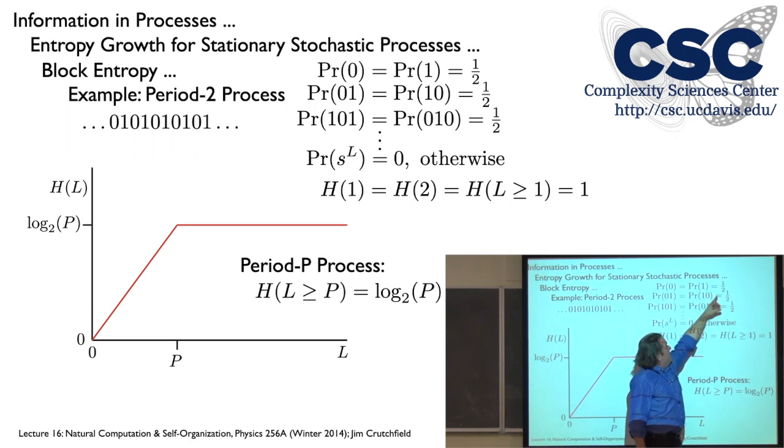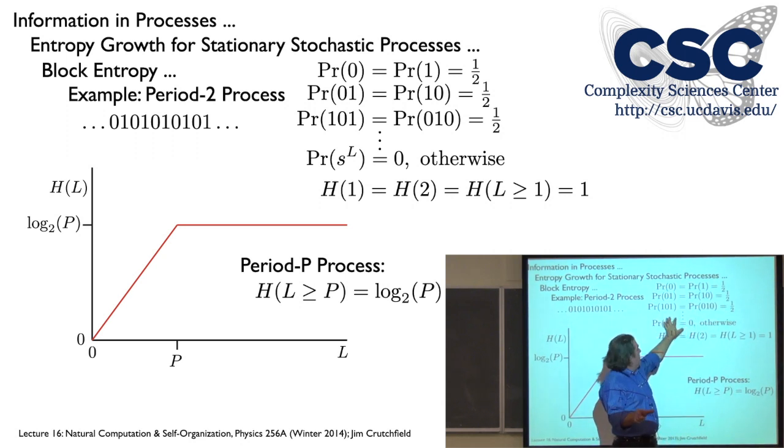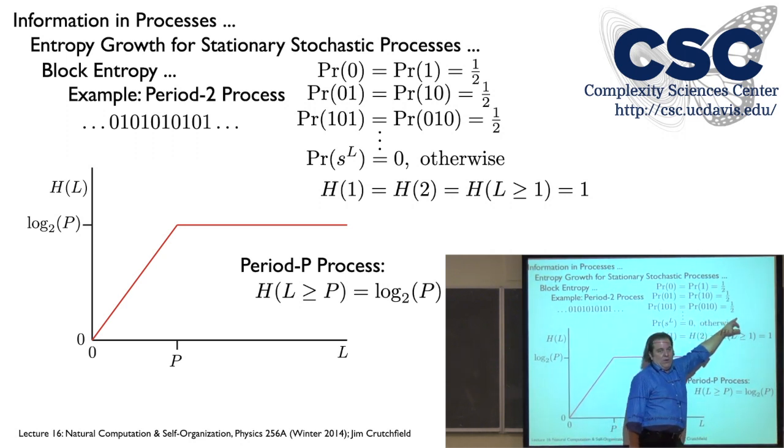But when we go to length 2 words, we know that 0, 0 and 1, 1 don't occur. The remaining words, 0, 1 and 1, 0, occur with equal probability. At length 3, there are 8 binary words that could occur, 6 of them don't, only these 2 occur, with equal probability, and so on.